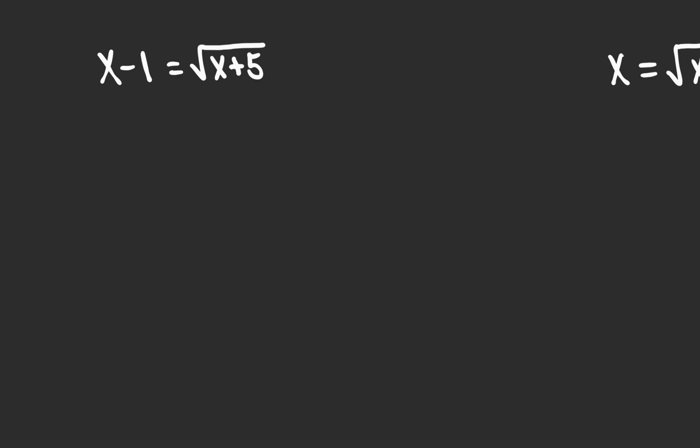For the next one, we will begin by squaring both sides. On the left-hand side, this will expand to be x squared minus 2x plus 1 is equal to x plus 5. We then move all the terms to the side that contains the x squared. So we do minus x minus 5 on both sides.